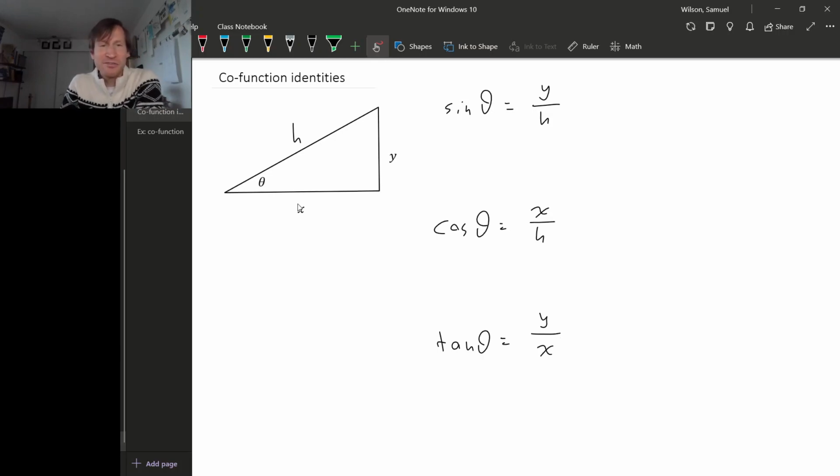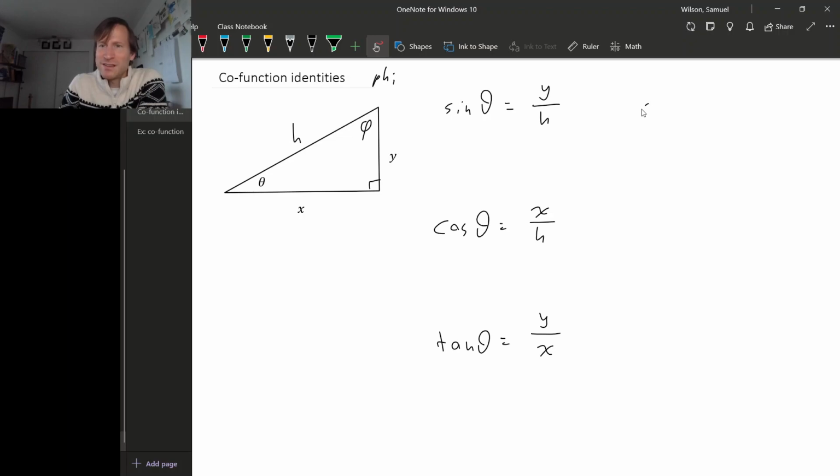All right, fair enough. But in this right triangle, there's another angle other than the right angle. There's another angle up here. Let's call this angle phi, or phi, depending on how you pronounce it. This is a Greek letter, lowercase phi. And relative to phi, all of these trig functions are going to be different ratios.